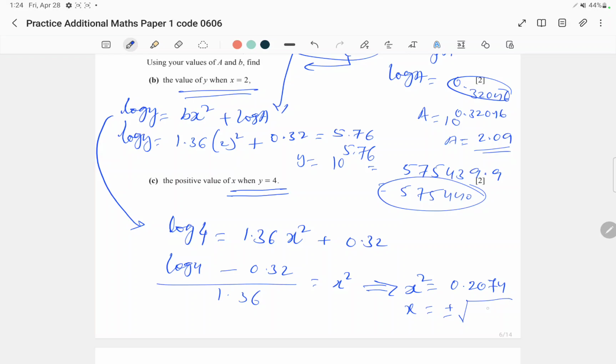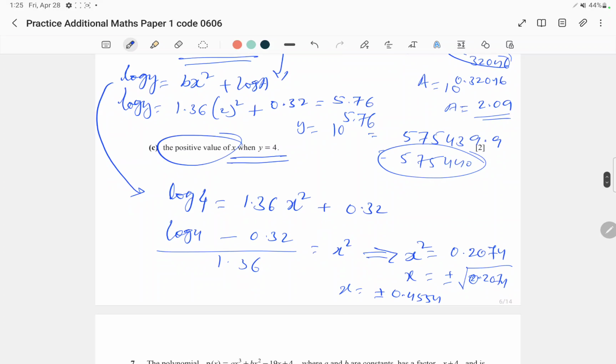Now x is plus minus the root of 0.2074, and I got plus minus 0.4554, but we have to give the positive value of x. So x equals 0.455, we can write 0.455.